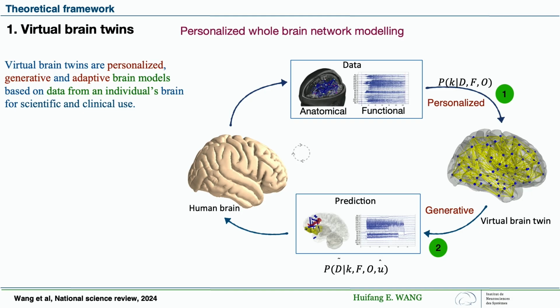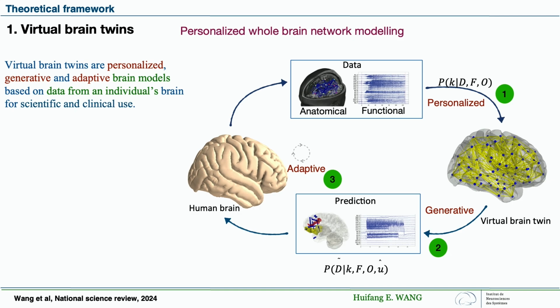We can predict the different brain activities under different stimulation parameters. And then imagine if the patient is under medication or deep brain stimulation after 1 year, the brain is changing, so the twin should also adapt to the parameter changes. So the third one is adaptive. This is what virtual brain twins are about.